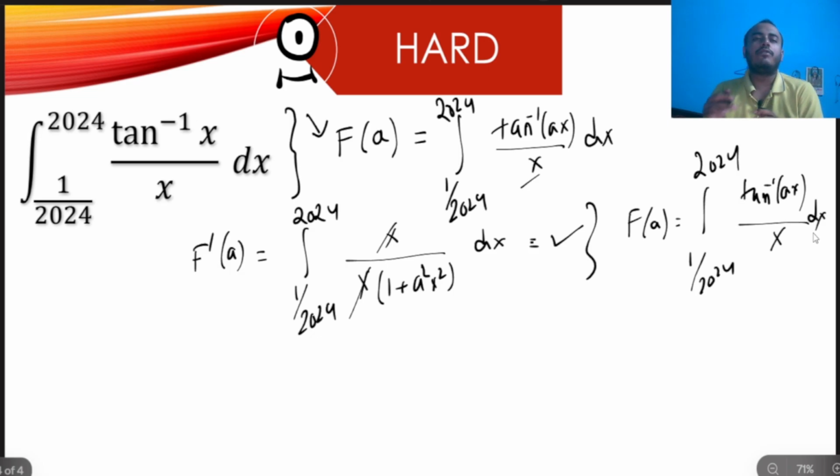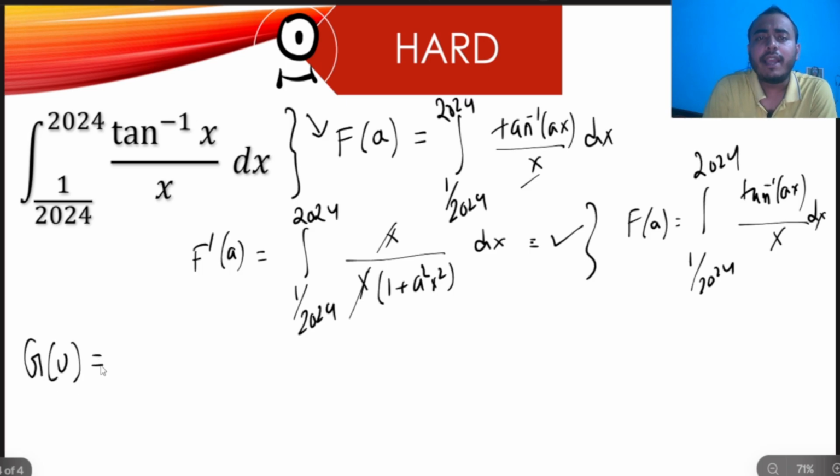So this does not really help, but my purpose for showing this method was to signify that maybe we can parameterize something else. So now let us consider a separate thing like g of u, the integral from 1/u to u of tan inverse x upon x dx.